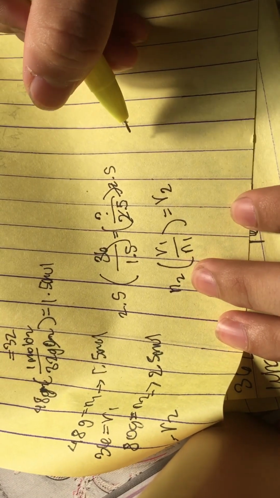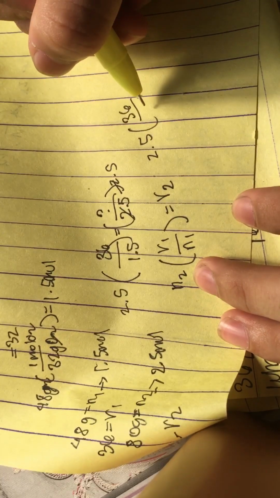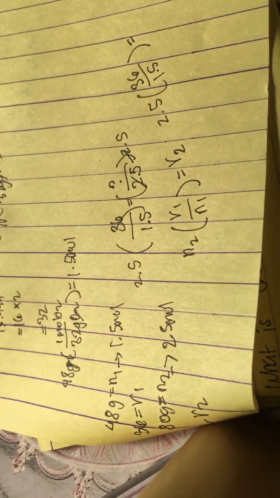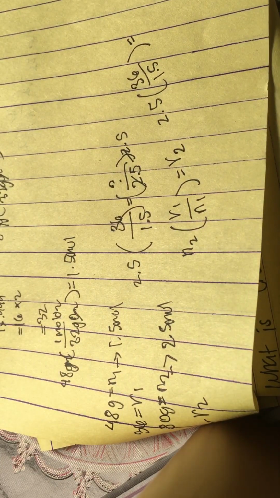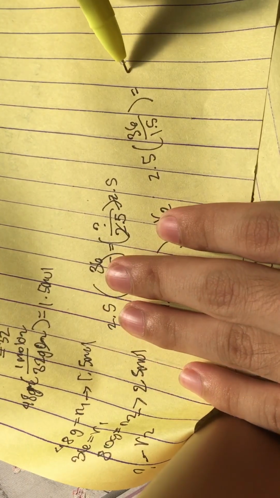Let's input the variables. 2.5 times 36 over 1.5 is equal to 2.5 times 36 divided by 1.5, which is 60 liters. That is our final answer for the second problem.